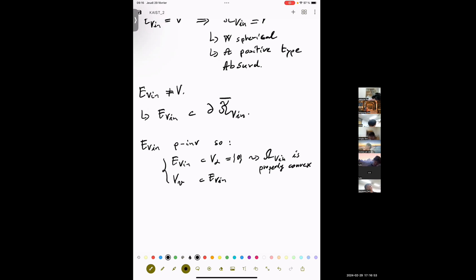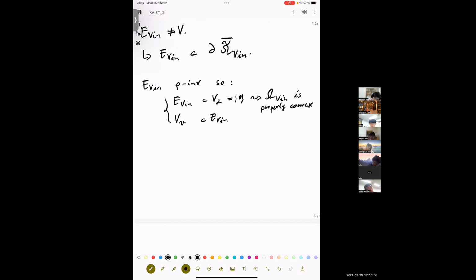Okay, so I need to rule out this case, to show that V included in I Vin is absurd, and this is where I use the fact that A is of negative type. So suppose V is included in I Vin.